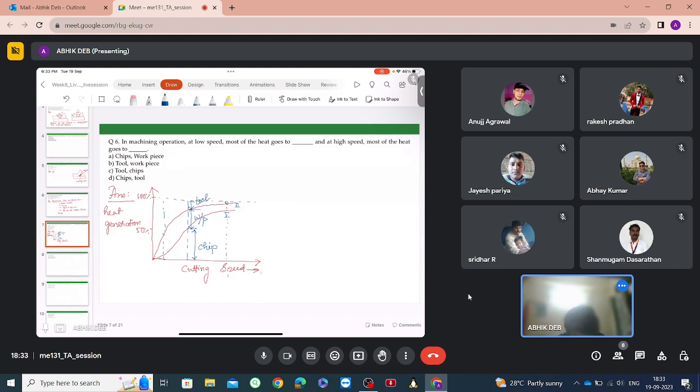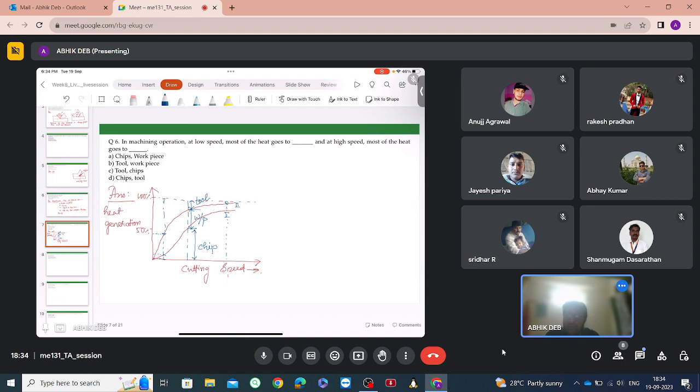So at low cutting speed, in which one, the tool, chip or the workpiece, will the maximum heat be dissipated? You look at this region. At low cutting speed, this is the fraction in the chip, around 10%, in the workpiece it is from say 10% to 40%, that is 30%, and from 40% to 100% is in the tool.